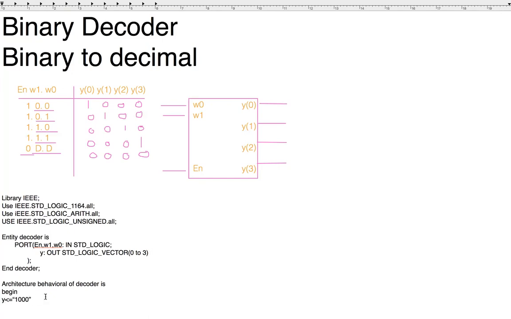It's going to be 1, 0, 0 when the input is going to be, we forgot to declare an internal signal for the input, and that's why I'm catching it here. In your internal signal, it has to group these three together under one. So I'm going to group it under the name ENW. And it's going to be a concatenation of these three.